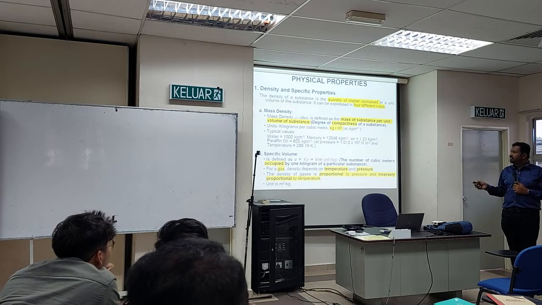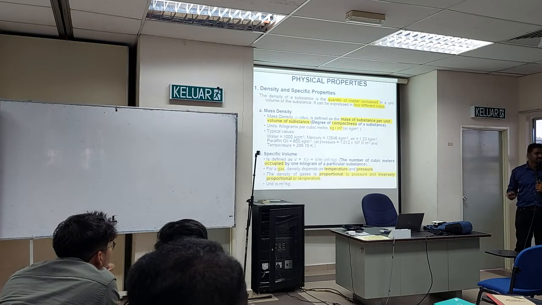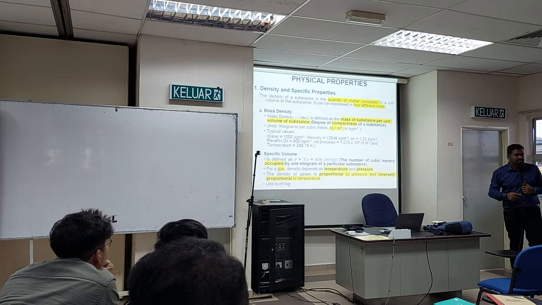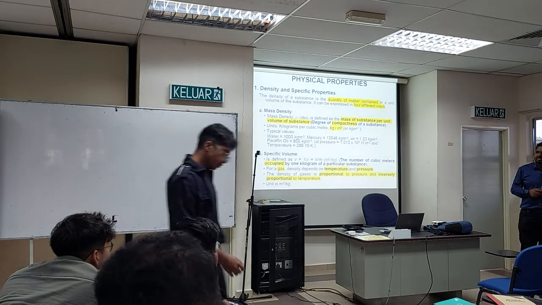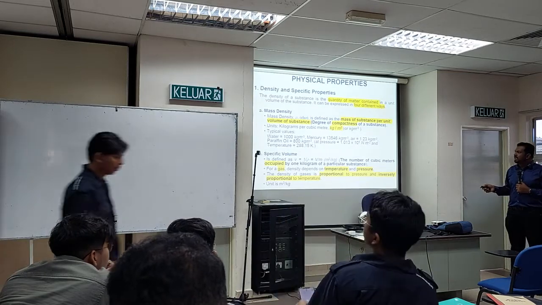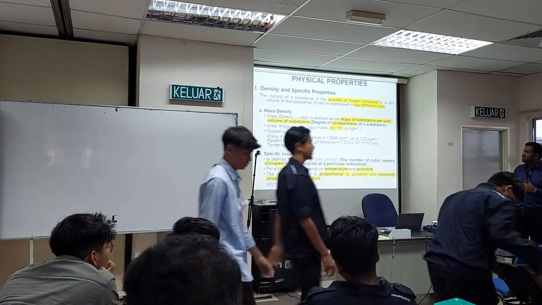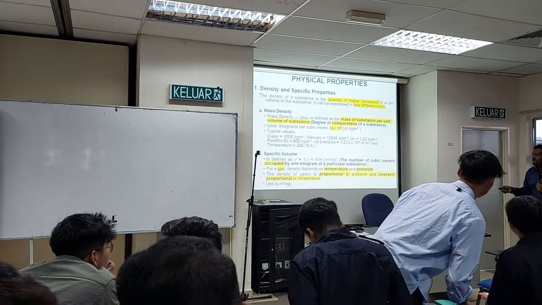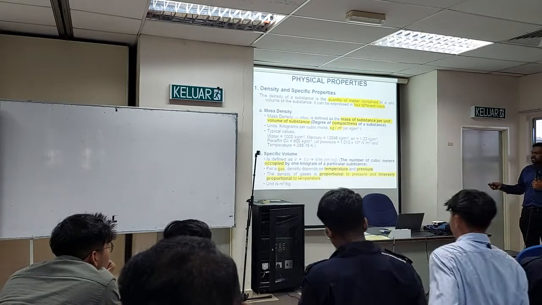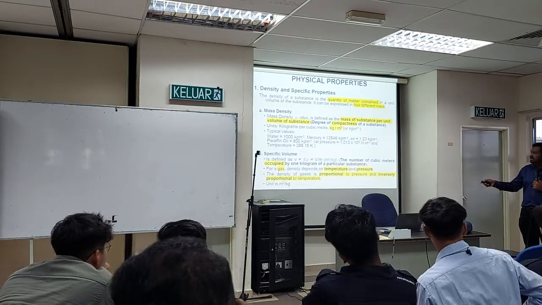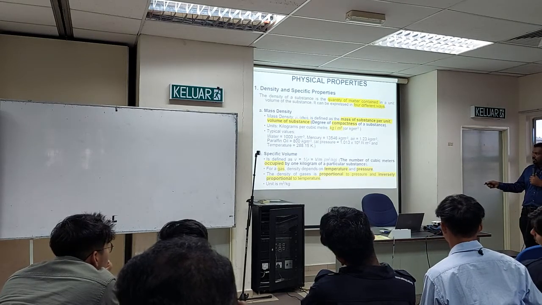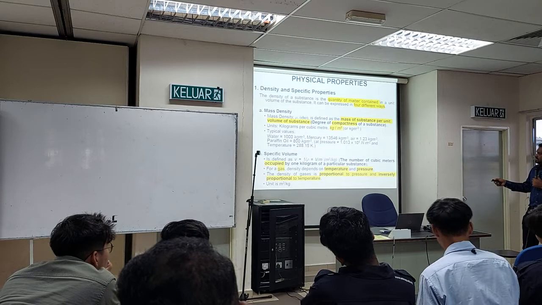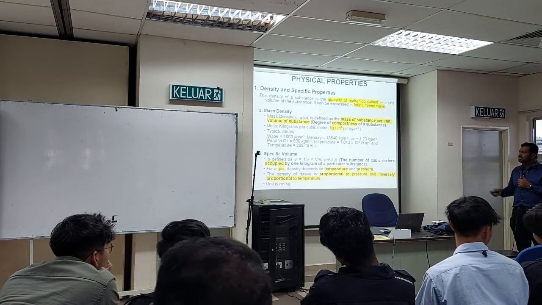First is related to mass. What is mass? Jisim, yes, correct. So mass density, and its symbol is something important: the symbol rho. Mass density, rho, is defined as the mass of substance per unit volume of substance.